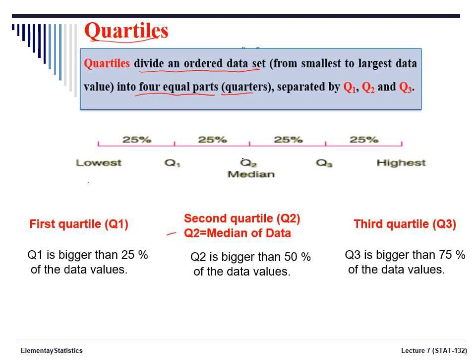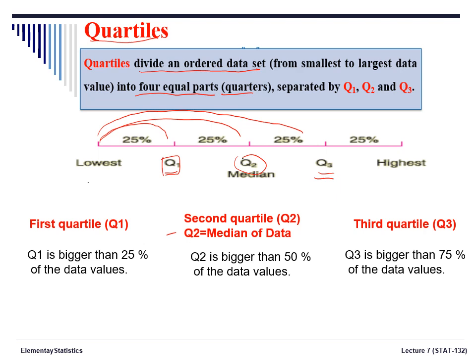So here, at Q1, 25% of the data falls behind Q1, and 50% of the data falls behind Q2, equal or less, okay? And 75% of the data falls behind Q3, or it might be equal to Q3.